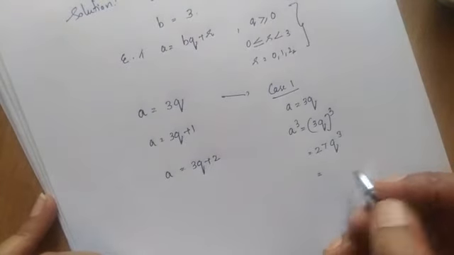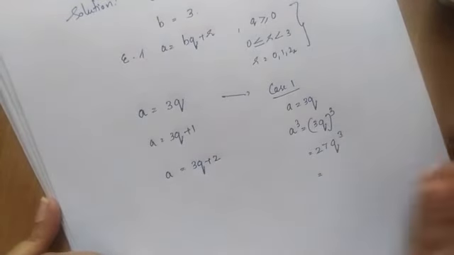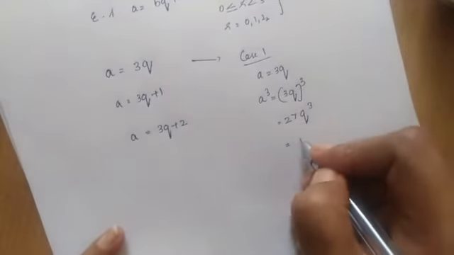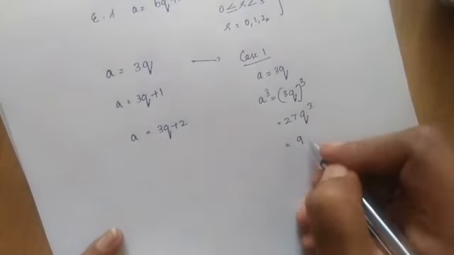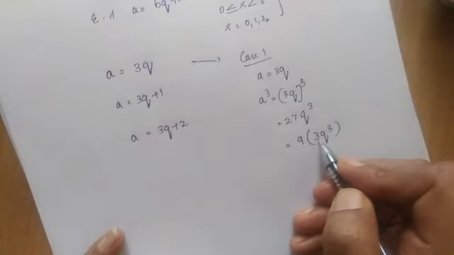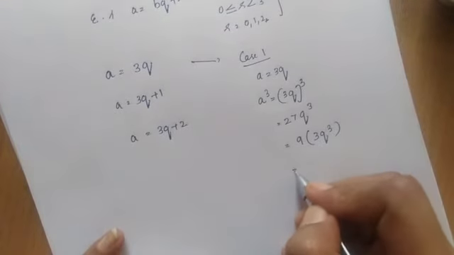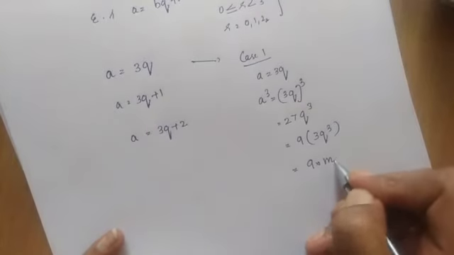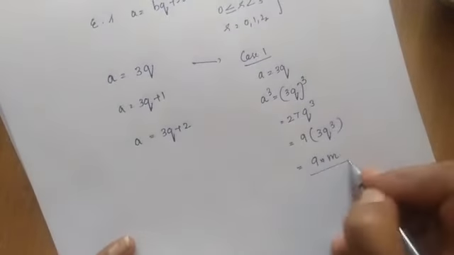And the question itself is given in the form 9m plus 1, 9m plus 8. So we can rewrite it taking 9 common: 9 into (3q) raised to 3. By multiplying 9 into 3, we get 27. So 9 into, this is a constant term, we can take it as m.